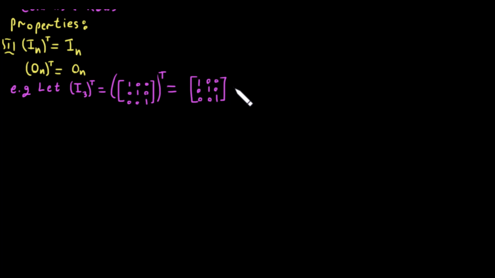So you can see here, it's back to identity with size 3. So the transpose of the identity matrix will not affect the identity matrix.